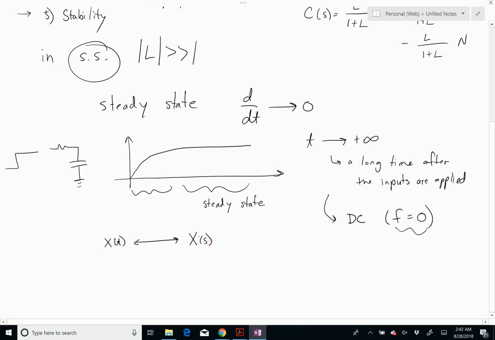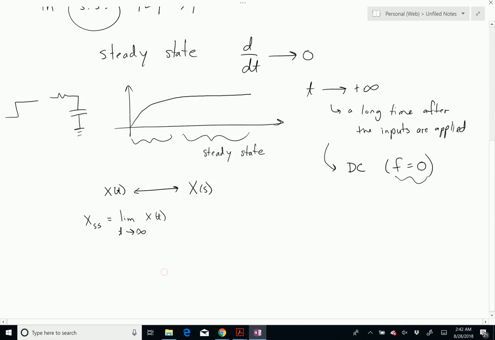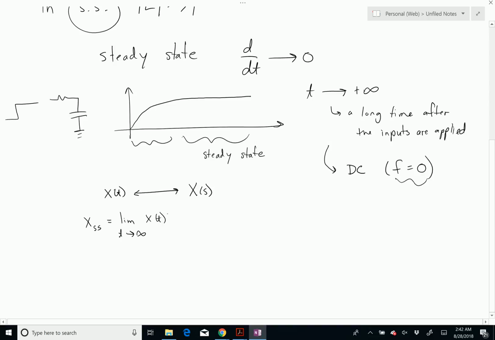It has a Laplace transform x of s. If I want to know the steady state value, I'll say that x steady state is the limit as t goes to infinity of x of t, okay? I want to know what that steady state value is.